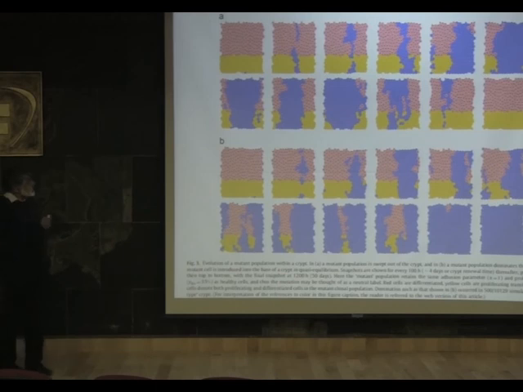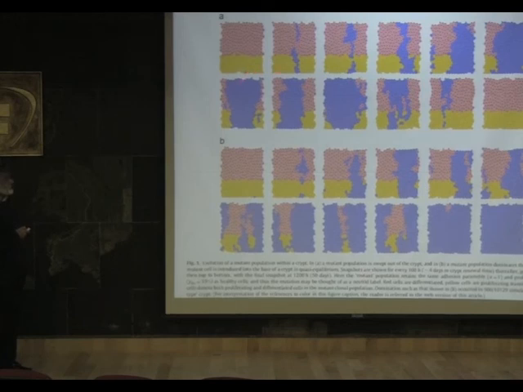Okay? So here's an example where here's a cell, and we're going to follow its progeny. And look what happens as we go along. It looks like it's going to take over. Oops, but then it doesn't. And here's another one. Doesn't look much different to this, but it does take over.